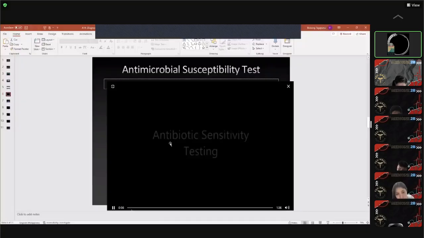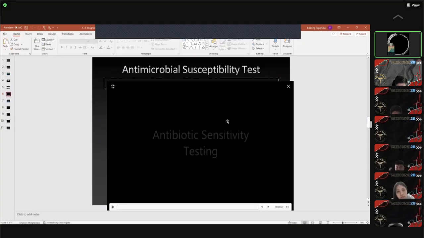Yeah, so the principle of antimicrobial testing is easy, no? In a culture medium, the isolated bacteria, the pure form of the bacteria, will be grown on a plate medium. And then you put the antibiotic discs.